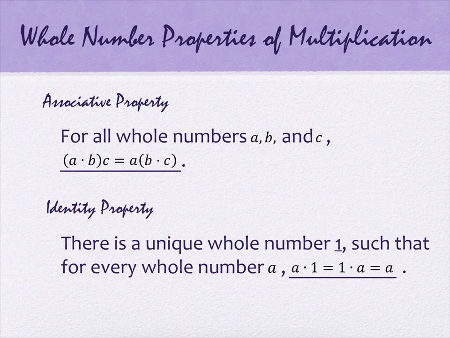Identity property. So again, jot this in like we did on addition. The multiplicative identity property specifically says there's this number 1, whereas our additive identity was the number 0. So 1 is the multiplicative identity, because when you multiply by it, either A times 1 or 1 times A, you get back A. And we use this for lots of things.